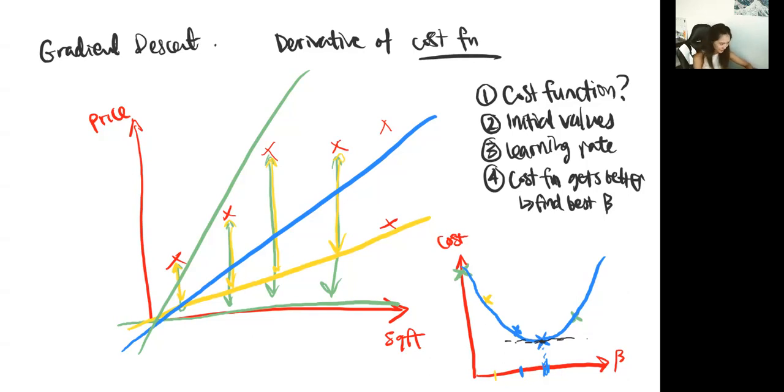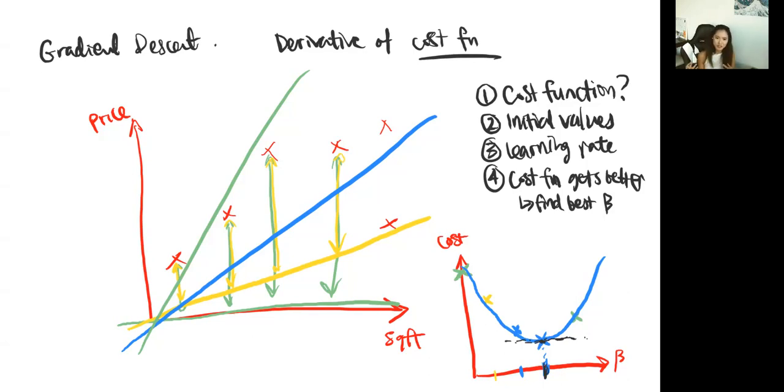That's why the derivative of the cost function is important. If you go into the math, specifically for linear regression and a couple others, you can take the derivative of your cost function, figure out where that is, and that will give you your best beta value.